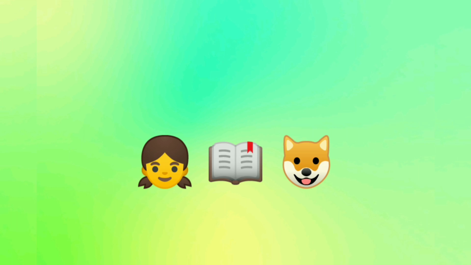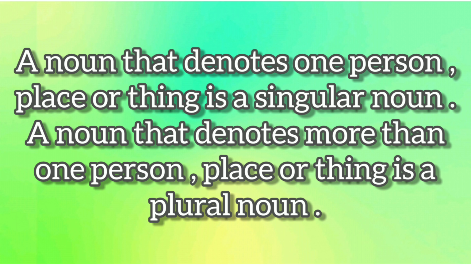Children, you already know that the words girl, book, dog, all these are naming words or nouns. Naming words or nouns tell us the names of persons, places, things, or animals. So, a noun that denotes one person, place, or thing is a singular noun, and a noun that denotes more than one person, place, or thing is a plural noun.